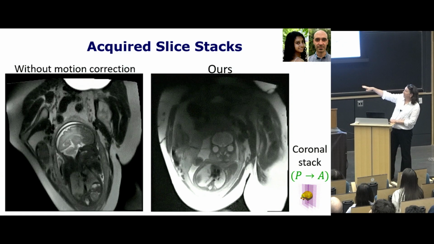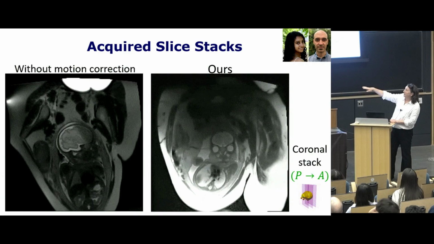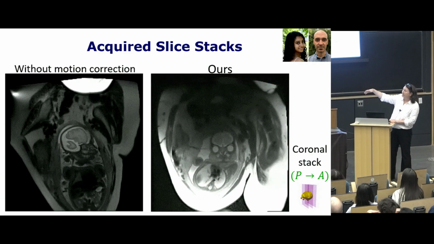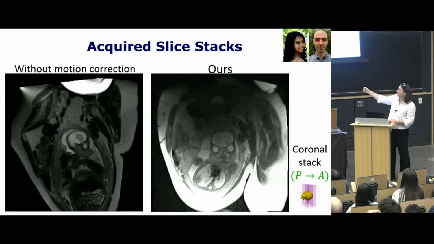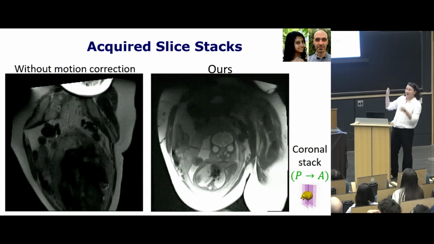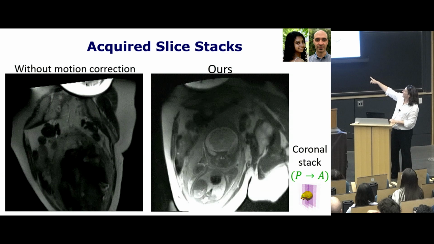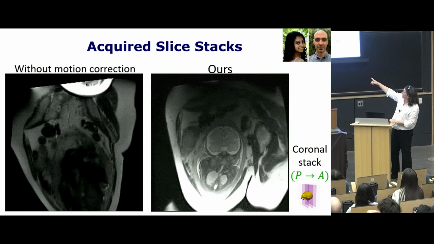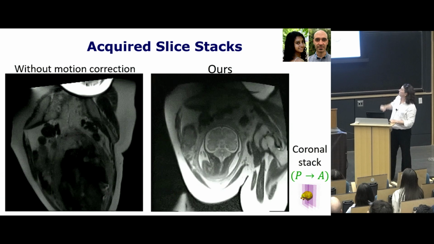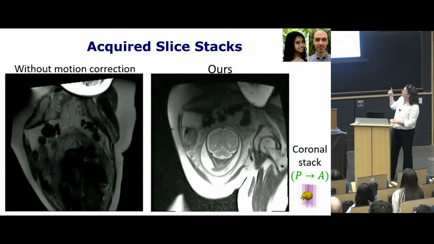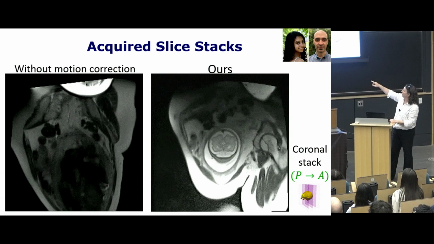The video on the left shows what it does in a standard way, where it doesn't pay attention to the motion of the baby. The prescribed slices want to go like that. The video on your right shows what's happening here. I'll let it run a couple of times as I talk through it.